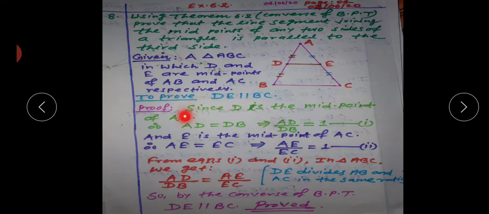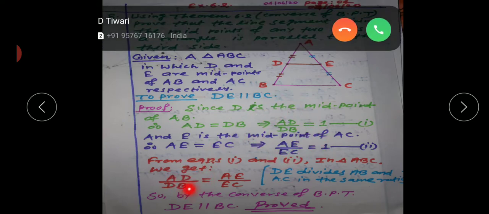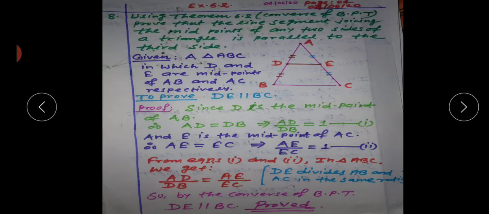So now from equation first and second, in triangle ABC we get AD upon DB is equal to AE upon EC, because the RHS of both the equations are equal. Then their LHS must be equal. So AD upon DB will be equal to AE upon EC.